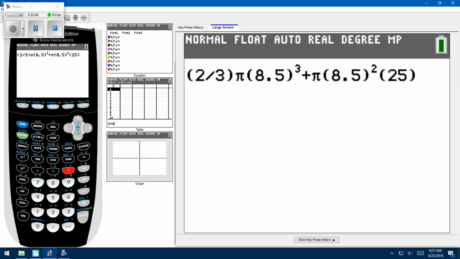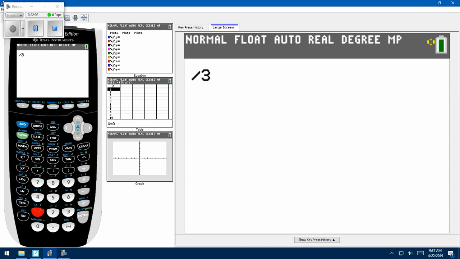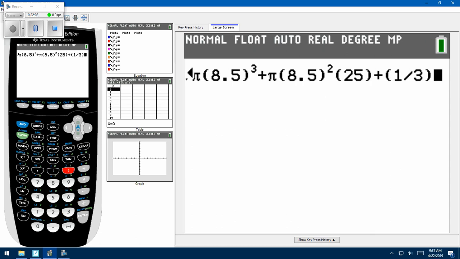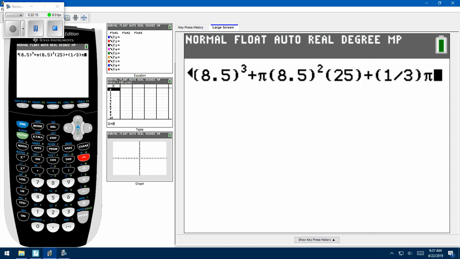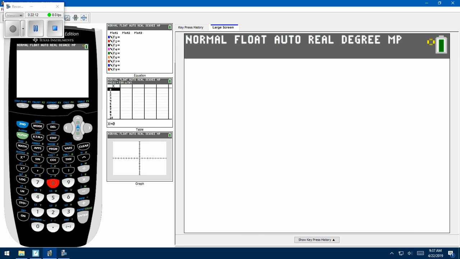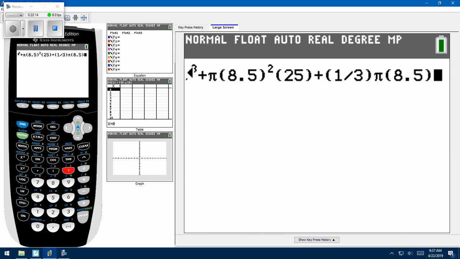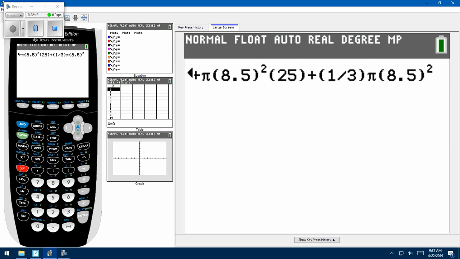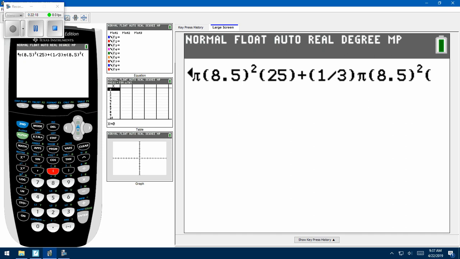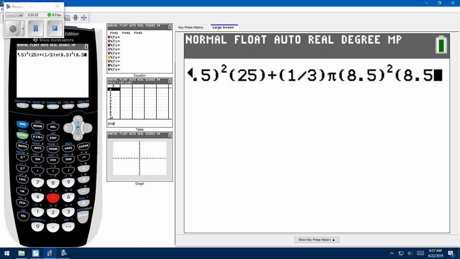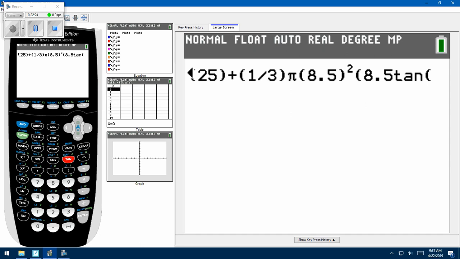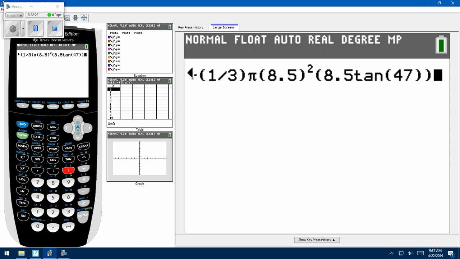Finally, plus the cone, which was 1/3 pi, the radius squared, so 8.5 squared. And then at the end, to avoid any sort of rounding issues at all, I'm going to type in that whole height, 8.5 tan 47, close parentheses twice. I'm in degree mode, so that looks good. And hopefully I did this correctly.